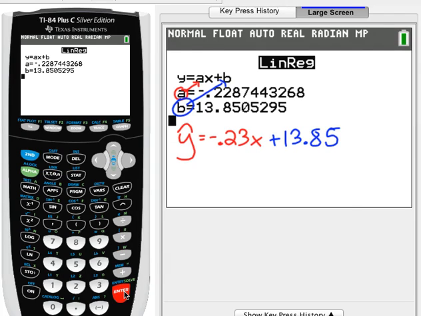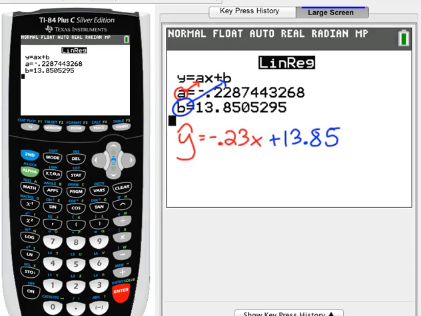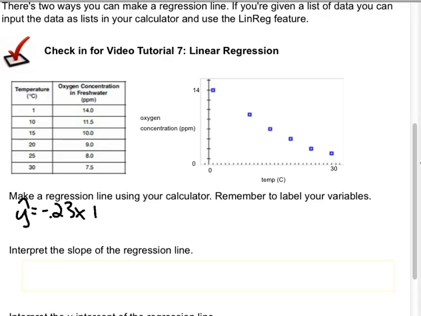Let's jot that down. y hat equals negative 0.23x plus 13.85. So know how to write your equation; the calculator always gives you the format you're looking for.